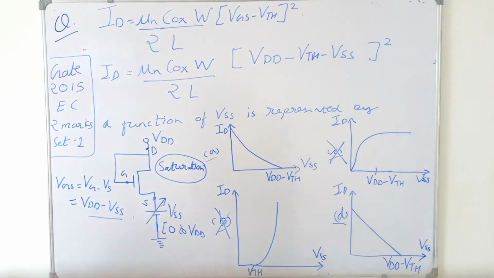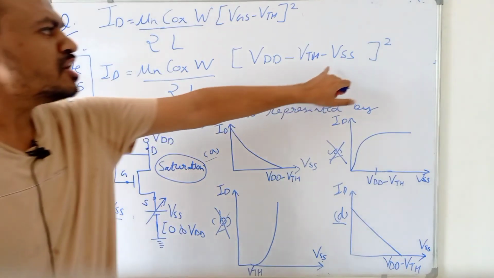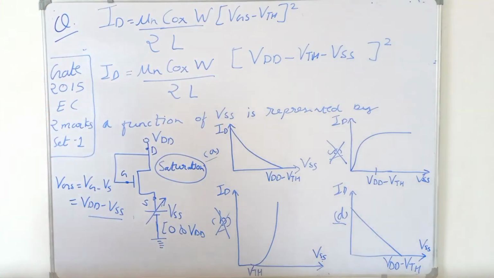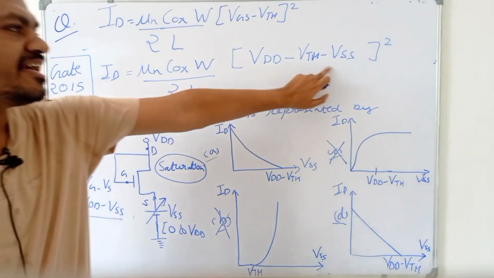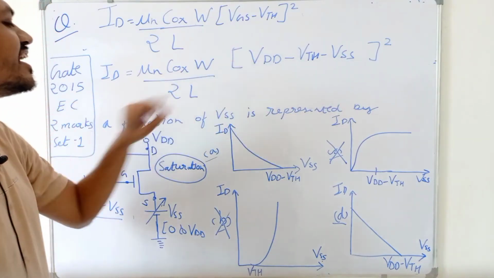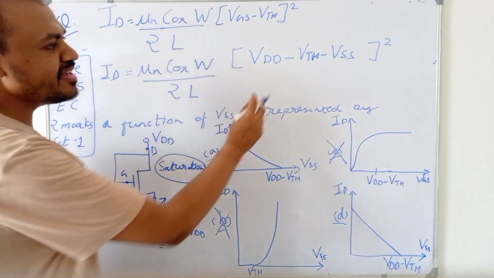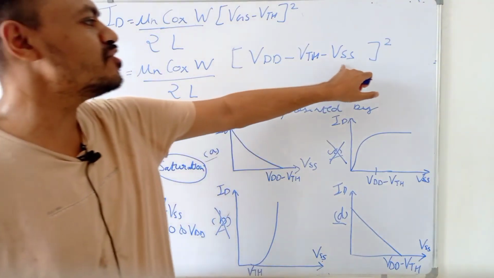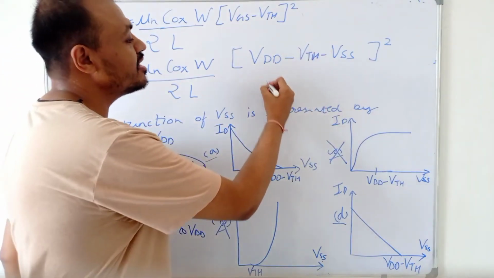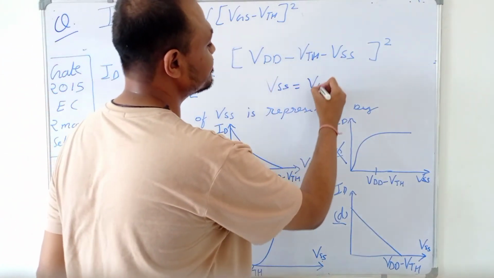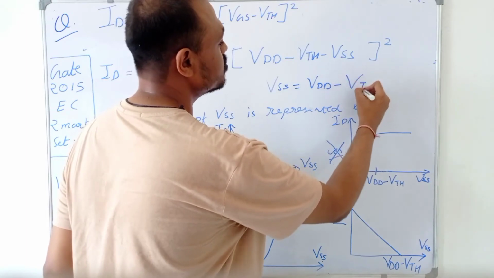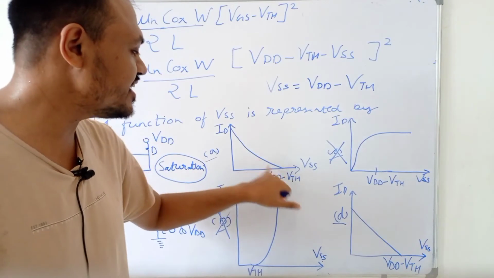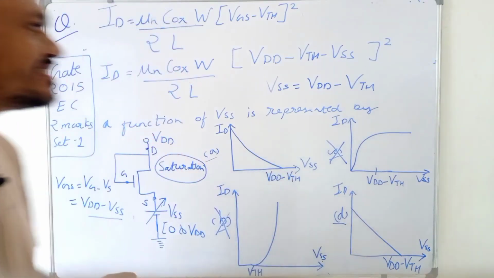Now we have option A and option D. At VSS equal to 0, the current ID has to be maximum. At VSS equal to VDD minus VTH, the current ID has to be 0. In both these options, at VSS equal to VDD minus VTH, the current ID is 0.